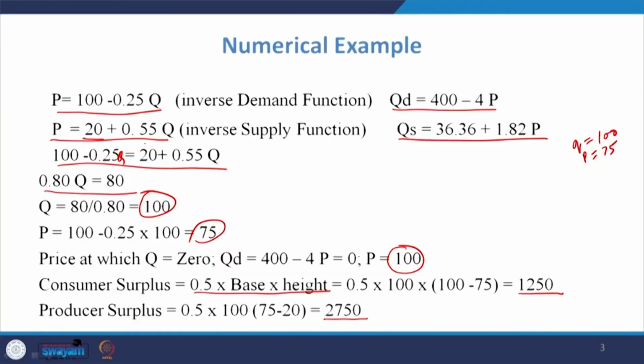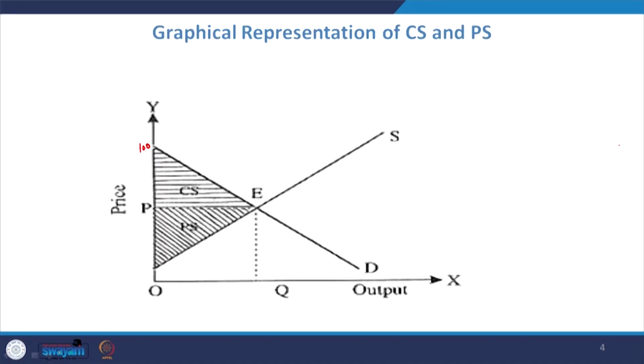So, here Q is 100, P is 75 and the maximum price is 100.